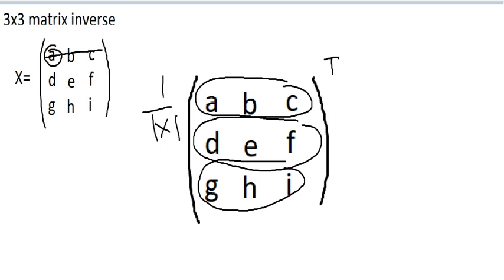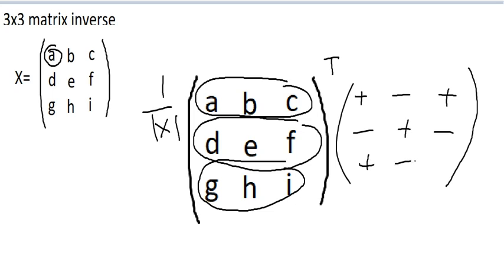You cancel out the first row, cancel out the first column, and get the determinant of what's left. And remember, there's a certain pattern of signs you have to use. The first row, first column is plus, and so on. It's alternating: plus, minus, plus, minus, plus, minus, plus, minus, plus.